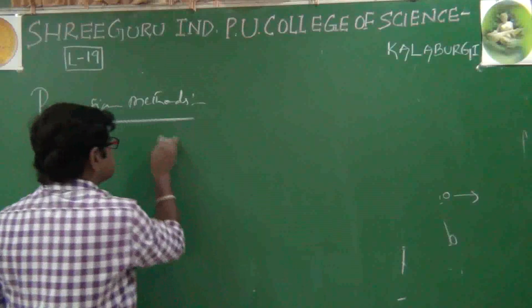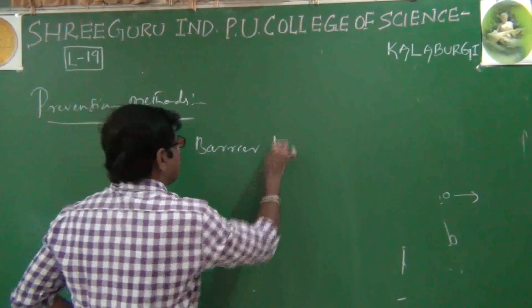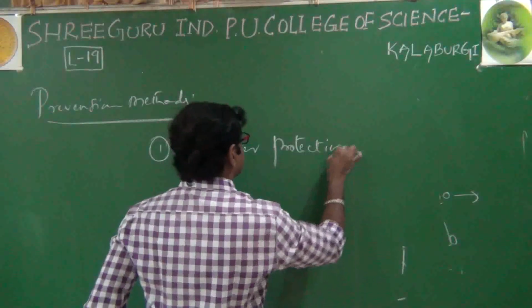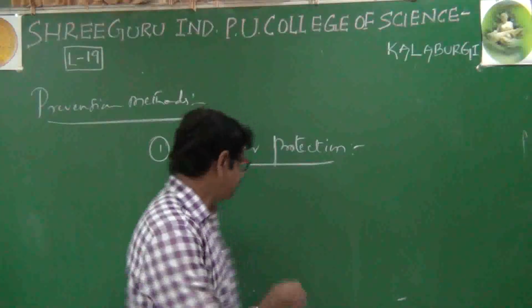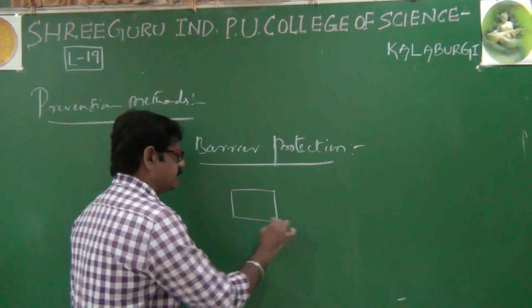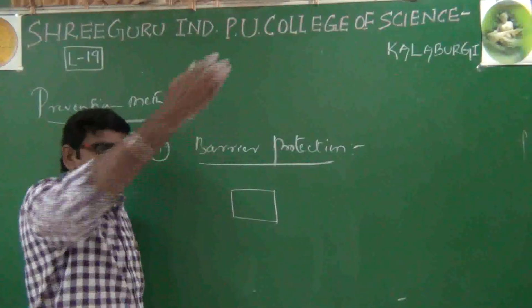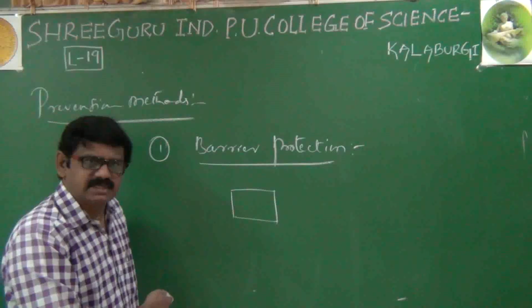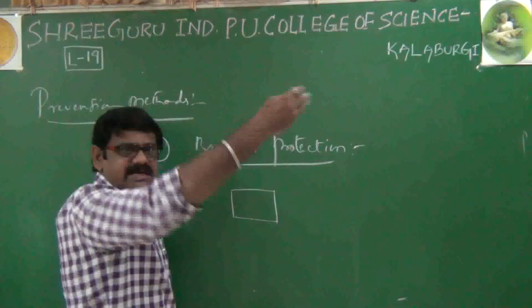Right, in that, the first prevention method is barrier protection. Very simple. What is barrier protection? If it is iron metal or any metal, and it is exposed to atmospheric air, it definitely undergoes corrosion. That's why we have to prevent the exposure of this metal to the environmental constituents.